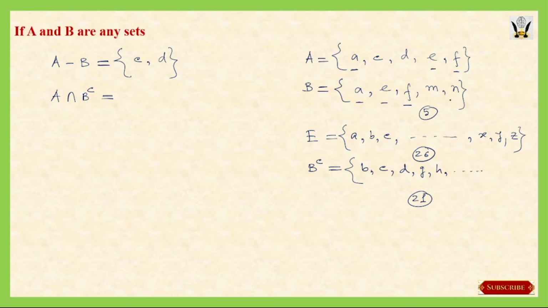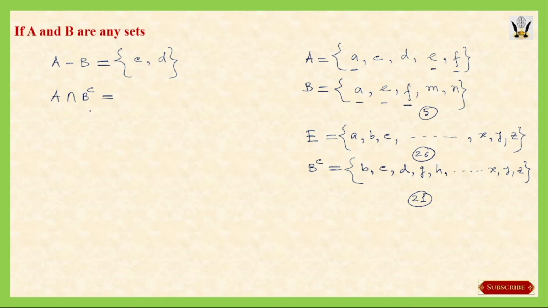Then it will not include M and N, and other than that, the rest of the alphabets it will include. In total, this B complement will have 21 elements. So what we have to remember here is that this B complement set will not have A, E, F, M, N, these 5 elements.